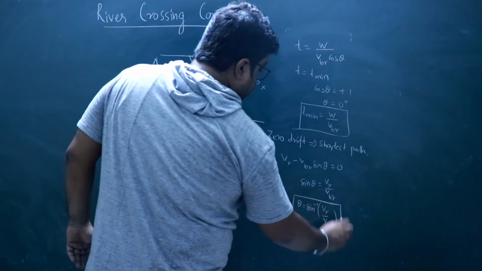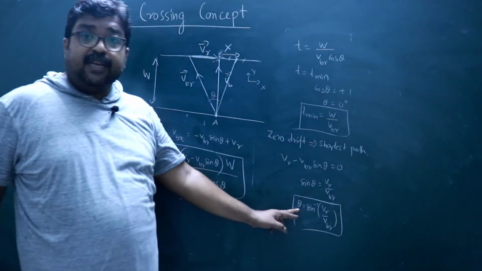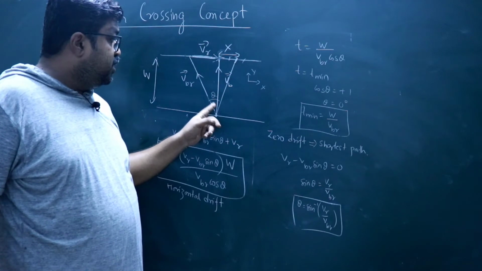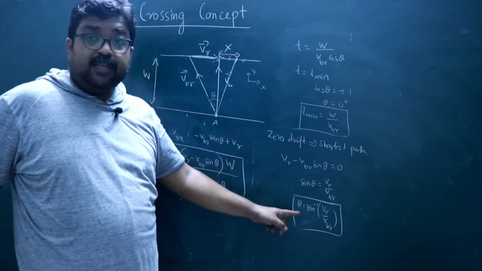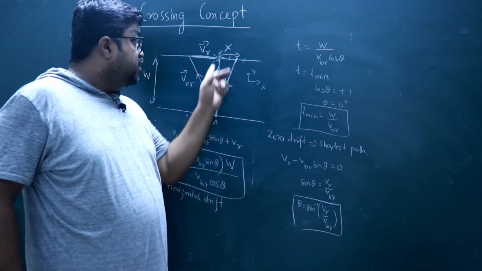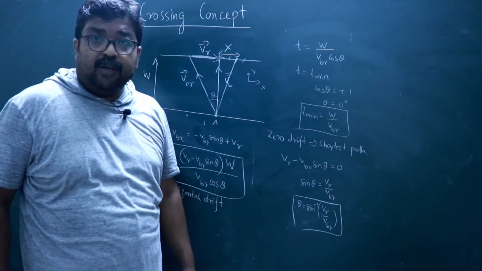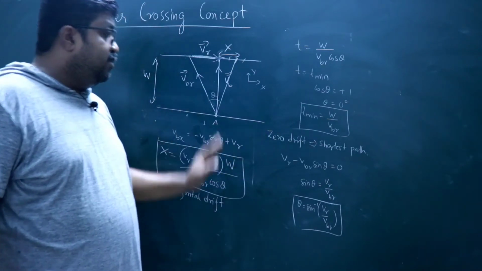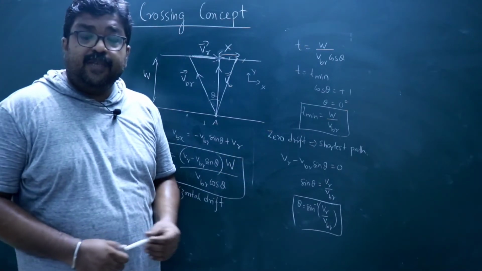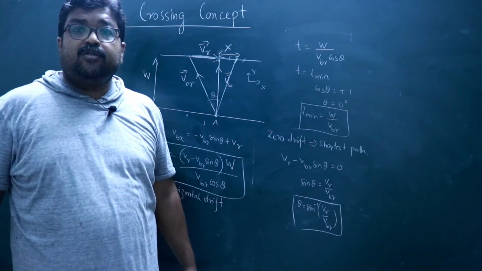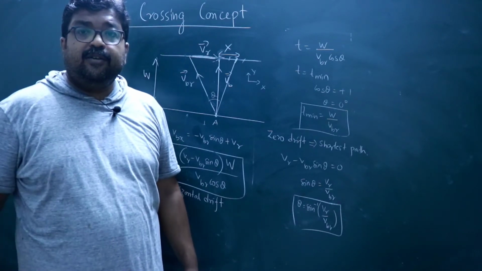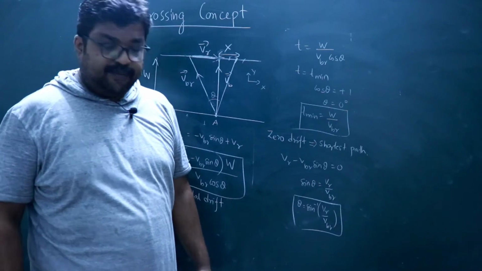If the boat goes at this angle theta, it will reach this straight across point. So these are the fundamental concepts of river crossing. Now based on these concepts, let us try to solve some numericals.